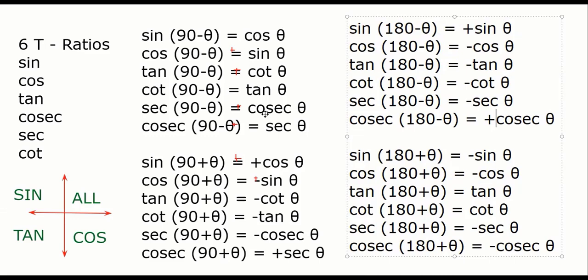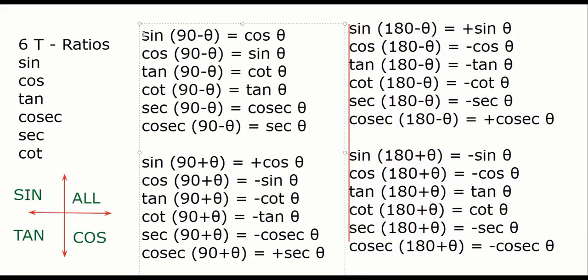You know All Silver Tea Cups. First quadrant, everything is positive. Second quadrant, only sine is positive. Third quadrant, only tan is positive. Fourth quadrant, only cos is positive. So if you see here, 90 minus theta, with theta as 30, is very easy. All of this will fall in the first quadrant, so all are positive.